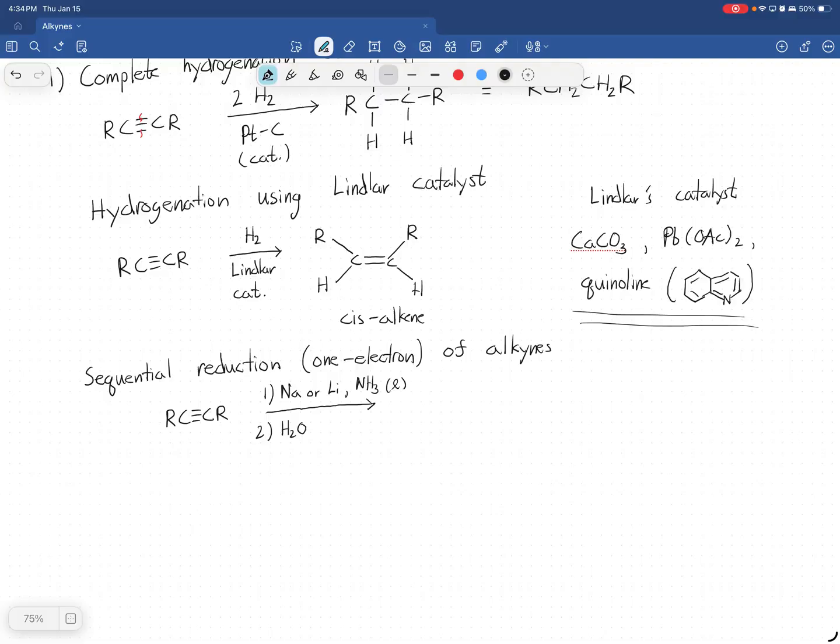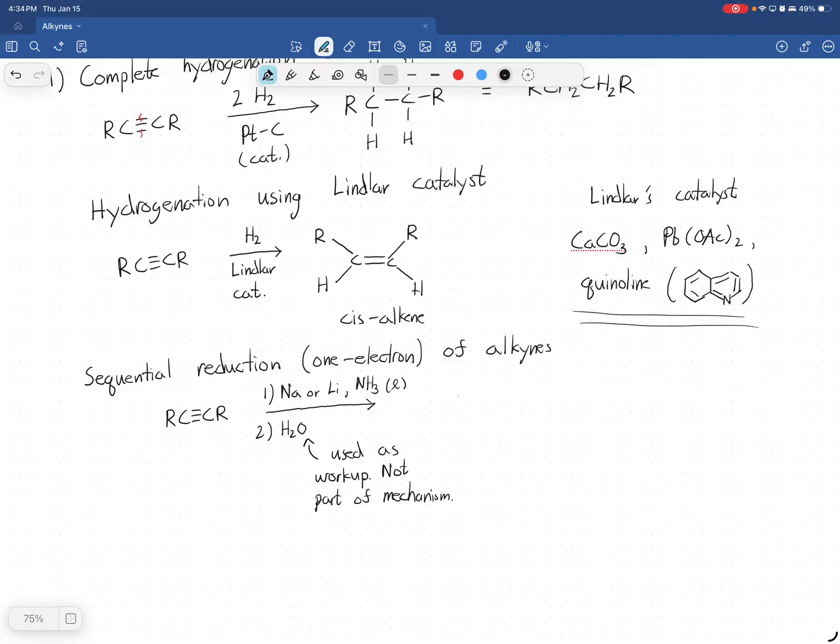So I want to emphasize here that this is just aqueous workup, used as workup, not part of the mechanism. This is just used as a step to isolate the final product, really.